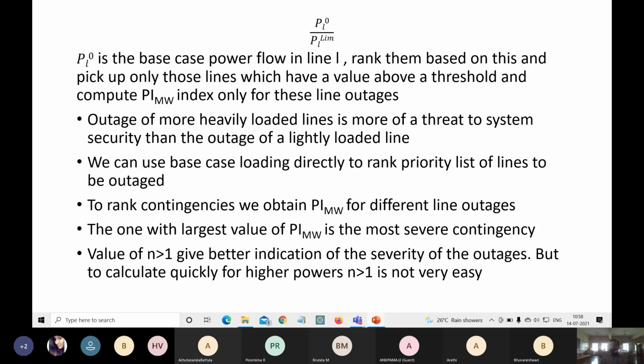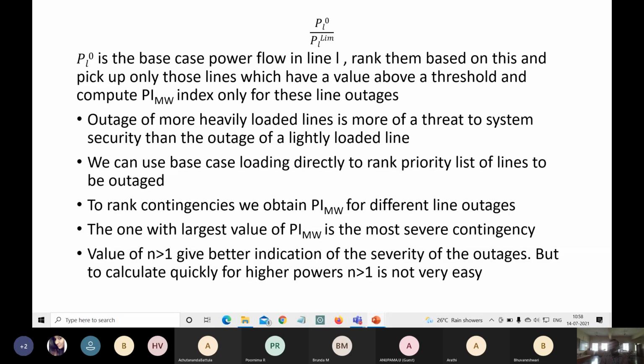So we have to calculate the performance index of every line of our system, and based upon the value of the performance index, we can rank the contingencies. As I told at the very start, the most severely affected will be given the first rank, and the least severely affected will be given the last rank.